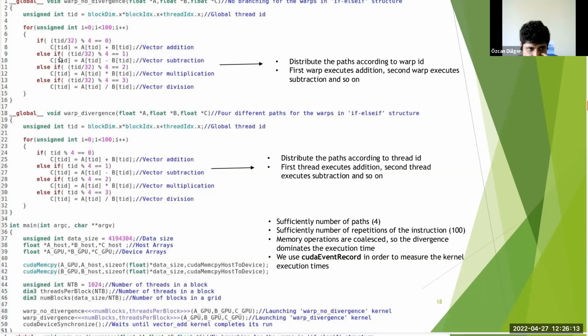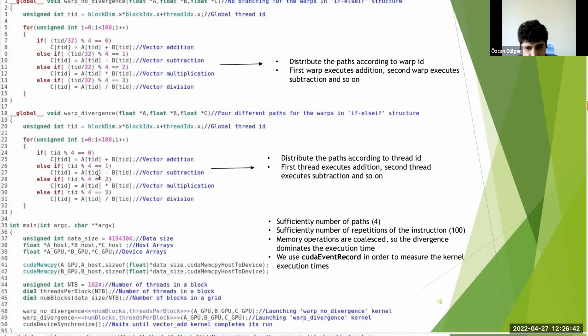Memory operations are coalesced in both kernels, so only the warp divergence dominates the execution time. There is no non-coalesced access here, so we can investigate the warp divergence effect.